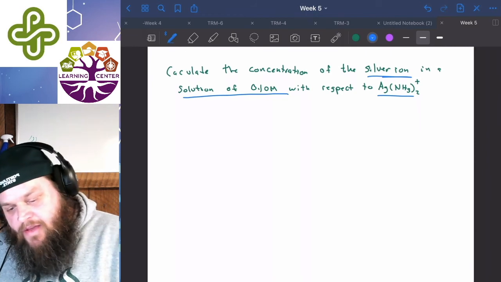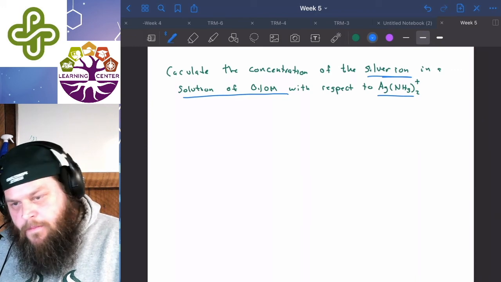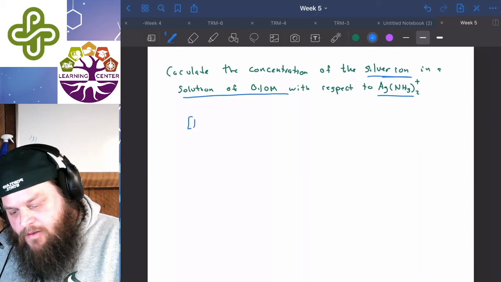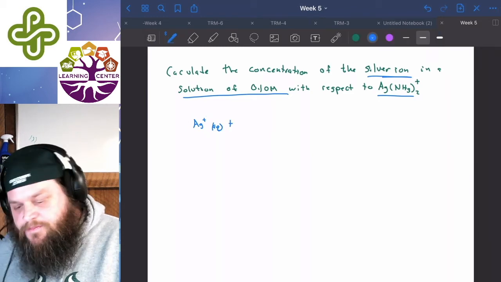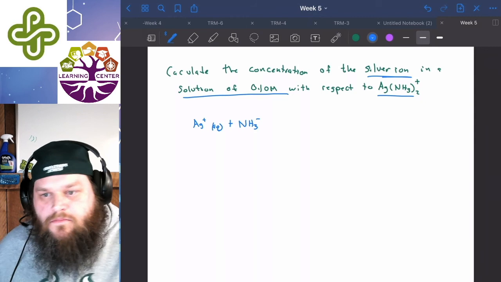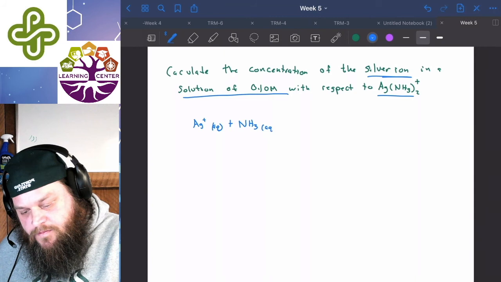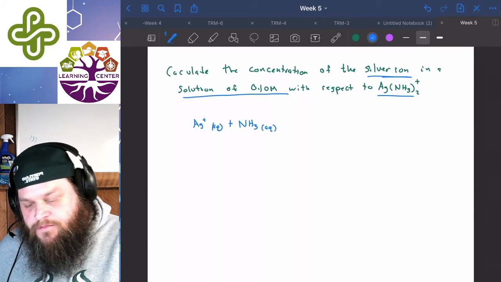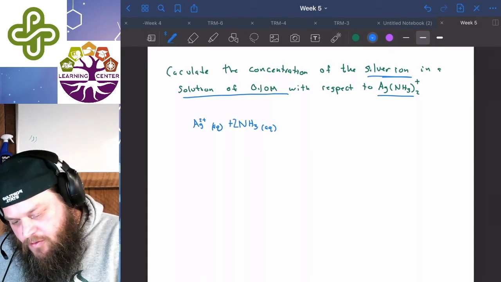So we can take this reaction. It would be silver ions, Ag+, aqueous, plus the ammonia, NH3. That's neutral. And we're going to have to put a 2 in there to keep it balanced.